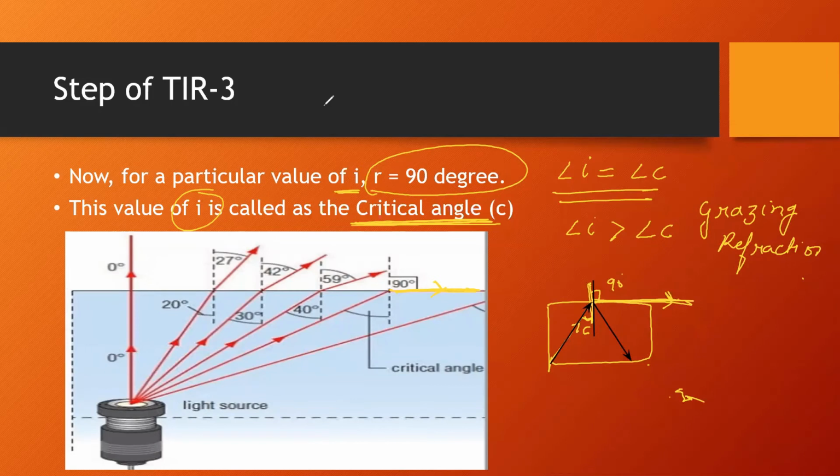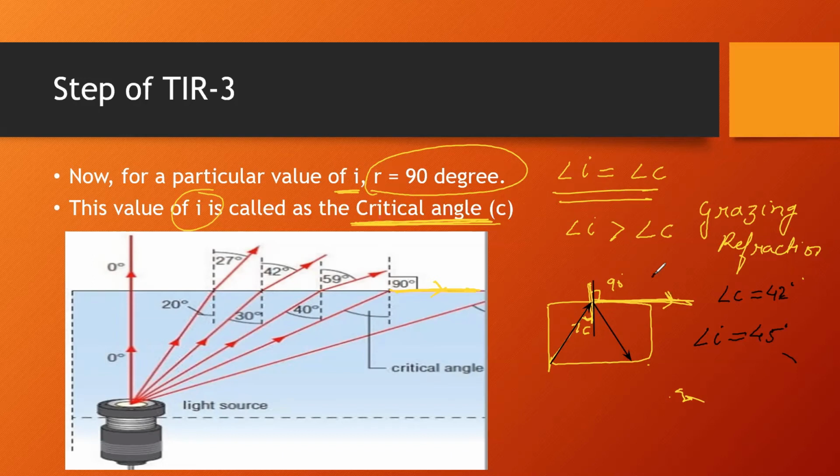For glass, the critical angle is 42 degrees. So if a ray of light is incident on the glass surface at an angle of 45 degrees, it is going to get totally internally reflected. It will not go outside the denser medium into the rarer medium.